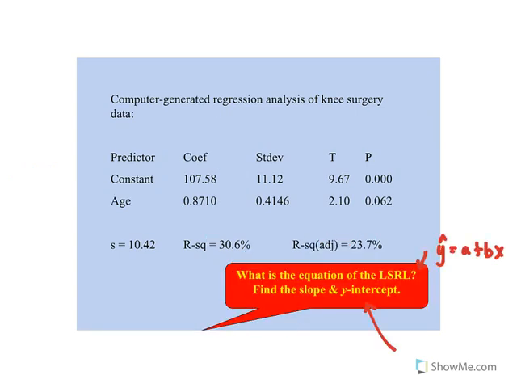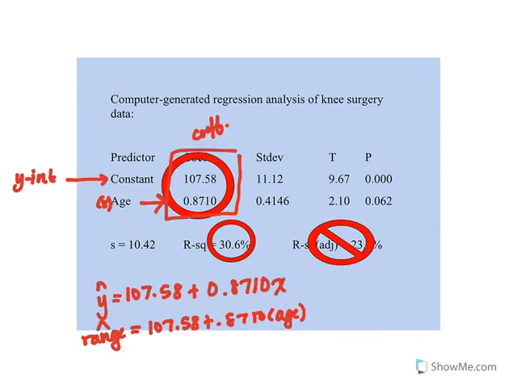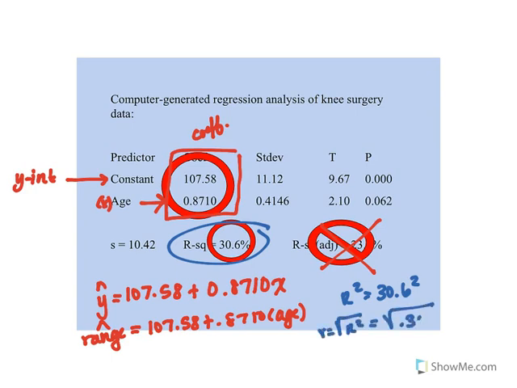Now, if you go back and look, we have an r squared and an r squared adjusted on our computer output. We never, ever pay attention to our r squared adjusted, but we do look at our r squared value of 30.6%. And then if we needed to calculate r, we could simply take the square root of r squared, or the square root of 0.306.